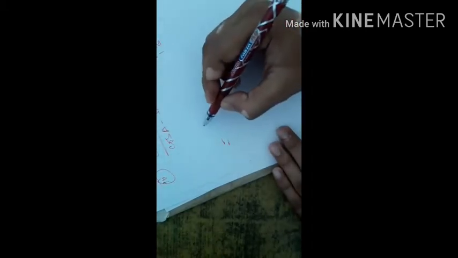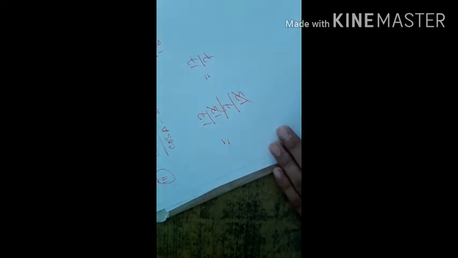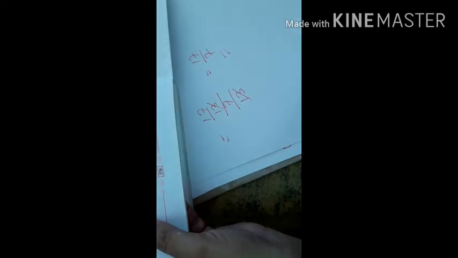Solve this fraction. 17 upon 13 and here 7 upon 13. 13 is cancelled by 13, that means 17 upon 7. This is the final answer. Yes, 17 by 7. This is the answer of the third part of question number 12.